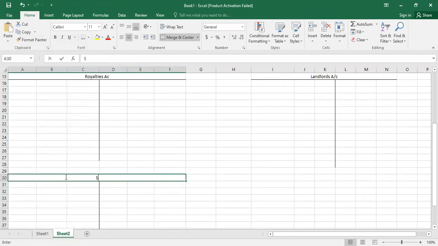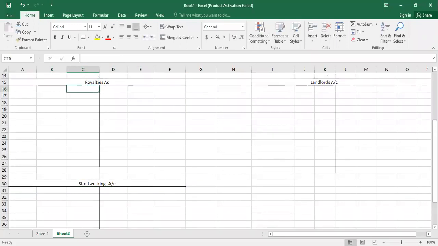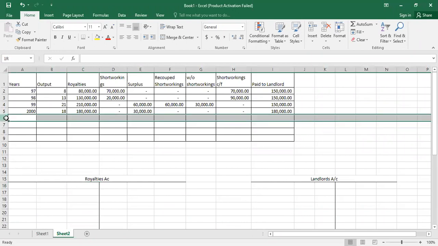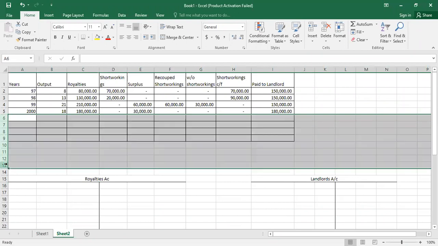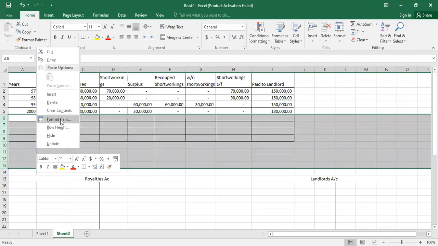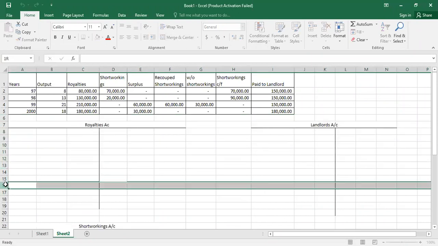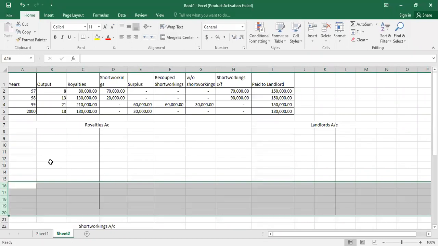So this is the shortcomings account. So you can start journalizing. So we have the table here that will guide us. Only that our shortcomings account is now pixelating. Let me try to delete these cells so that I can avail my short workings account.